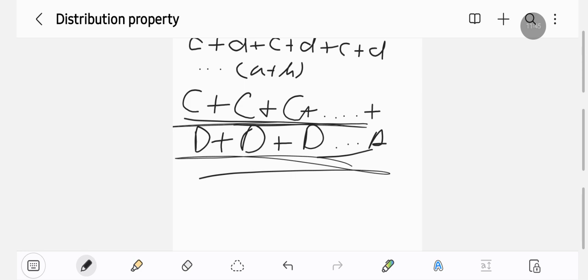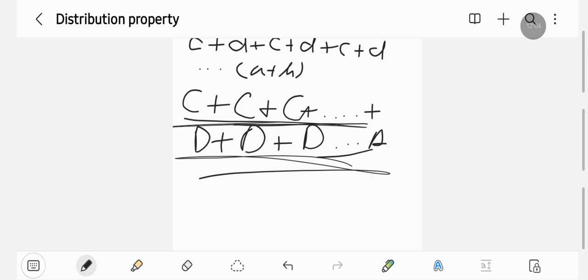Like, it doesn't make any sense. What are these? It doesn't make any sense now, but math tells us it should work, because of the distribution property, that c should be multiplied with a bracket.